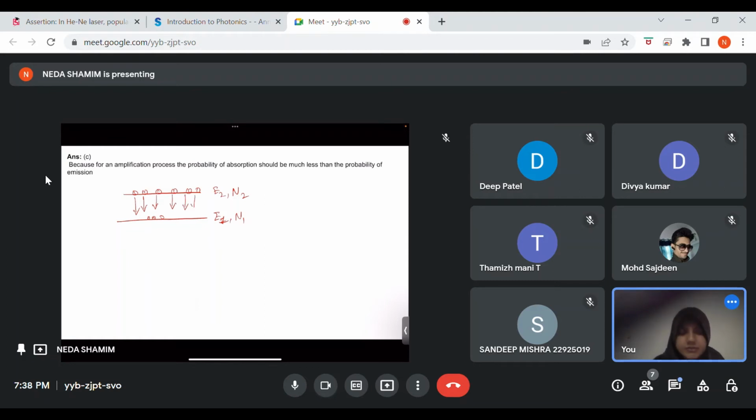That's true. But if I want amplification for a longer time, for a greater length, won't the upper level get depleted of atoms? And if the atoms are not replenished again, then will this sustain?